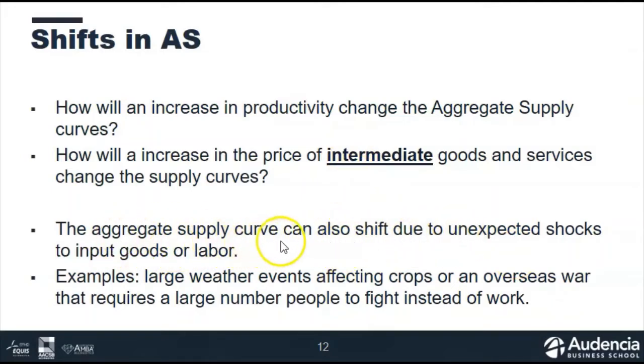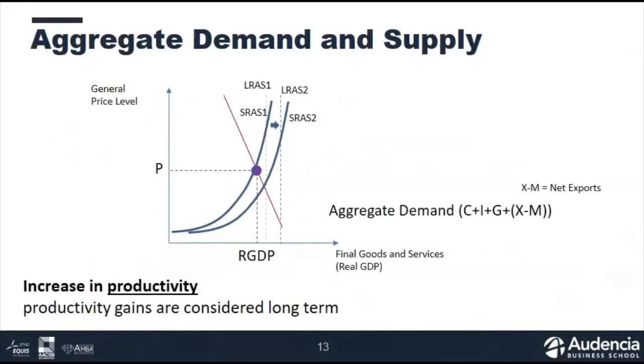Aggregate supply can also shift due to unexpected shocks in input goods or labor. For example, a weather event, if there was a storm or something like that, could decrease the short-run aggregate supply. But again, a weather event like that is not going to have a long-term impact. It'll just affect the short-run supply.